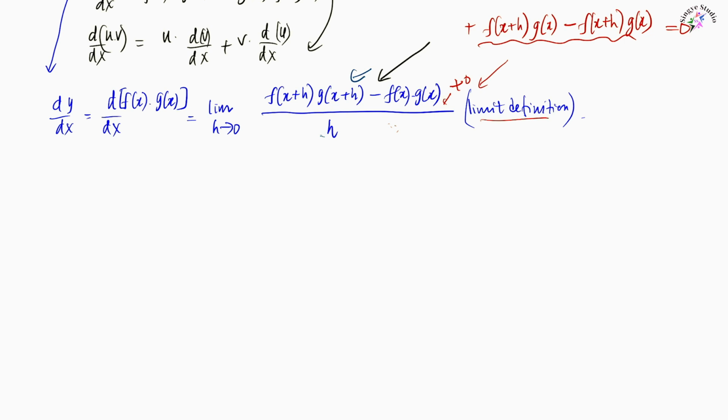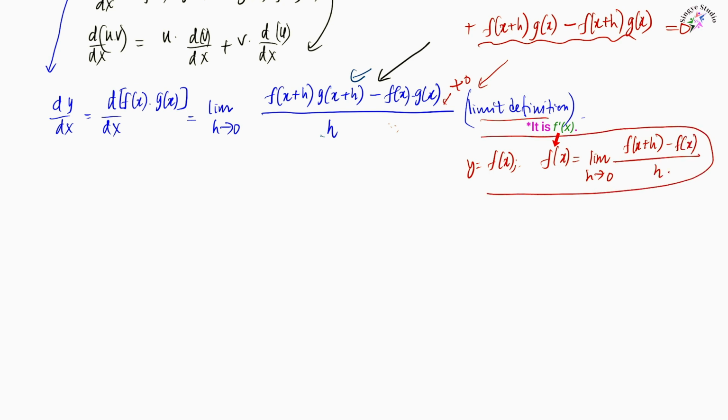And for a single function of x, if it is f of x, then f prime of x can be written as the limit h tends to 0 of f of x plus h minus f of x upon h. So this is the limit definition for the single function. But here it is a function in the product form.